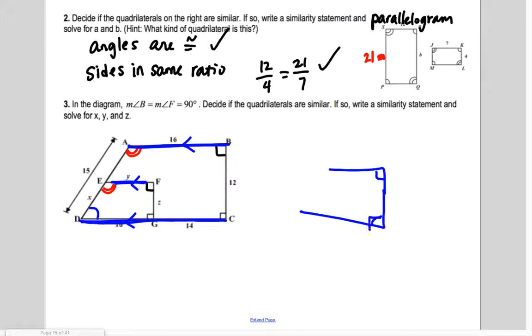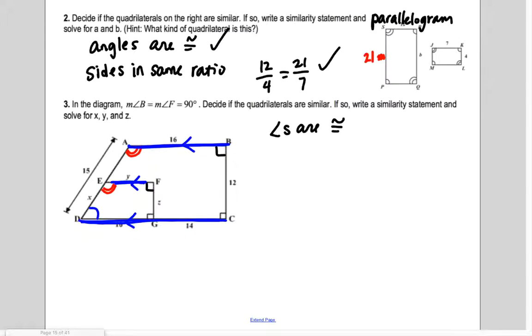It has to be like this, which means our consecutive interior angles, same side interior angles, are not only supplementary, but they're equal to each other. That makes these parallel. Do you guys understand what I'm saying? Okay, so if those are parallel, then why do we know this angle and this angle are the same? Because they're corresponding angles, right? So you kind of have to go through this thought process and be like, why are these the same? So yes, our angles are the same.